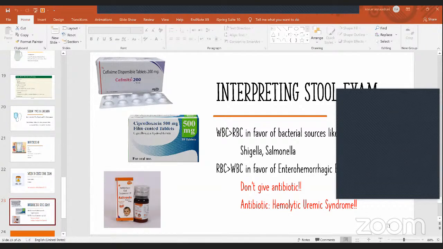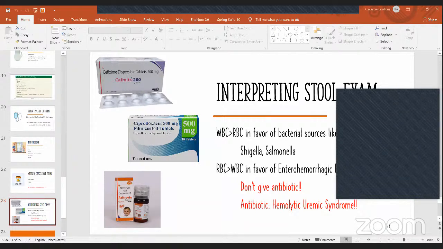Also the patient might not have control of the stool passage. It means fecal incontinence, which happens in Shigella cases, and the stool has a very bad odor, a very bad smell.